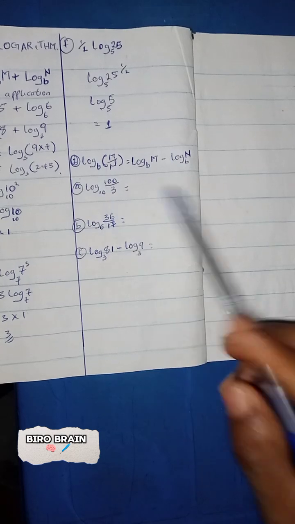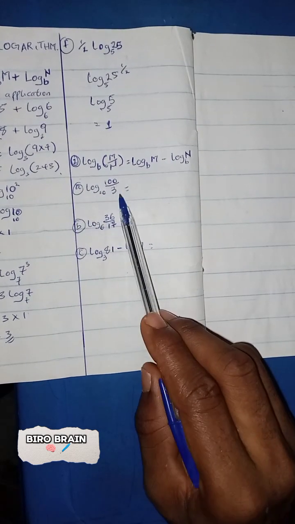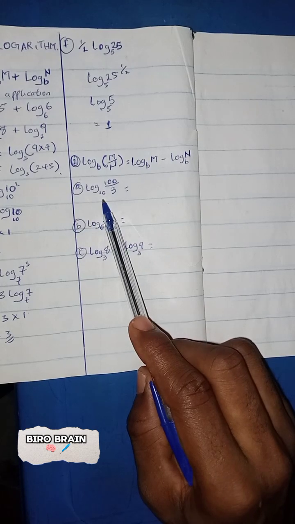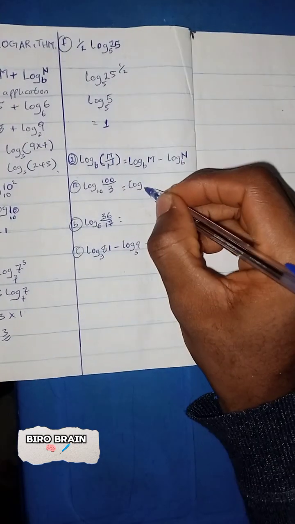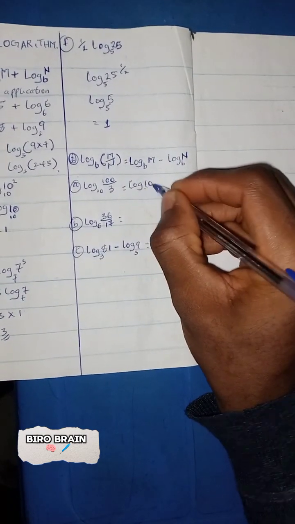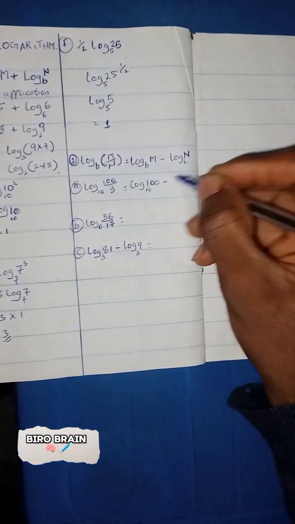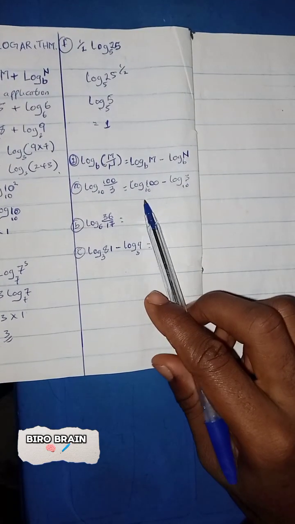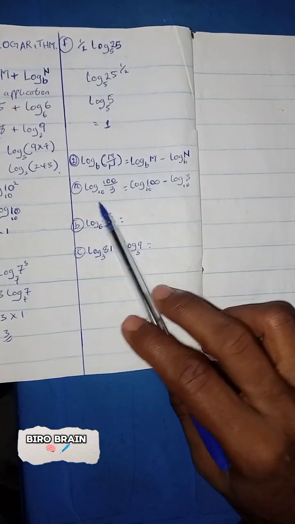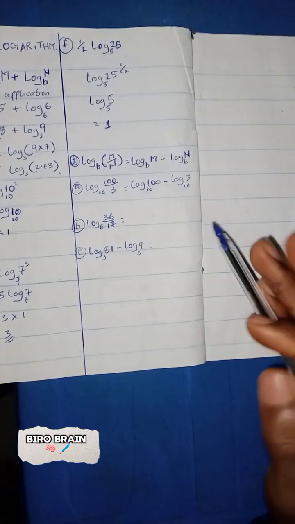Alright, so log 100 divided by 3 in base 10 is the same thing as saying log 100 base 10 minus log 3 base 10. Alright, can you see it? So this is the same thing as this when you're dealing with logarithm.